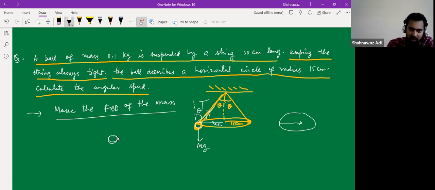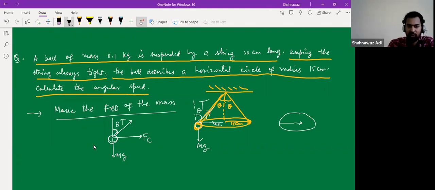you have a tension, right? And this is making some angle theta, right? You have this centripetal force, and you have mg, right? So only three forces acting on this. So again, tension is acting at some angle, right?